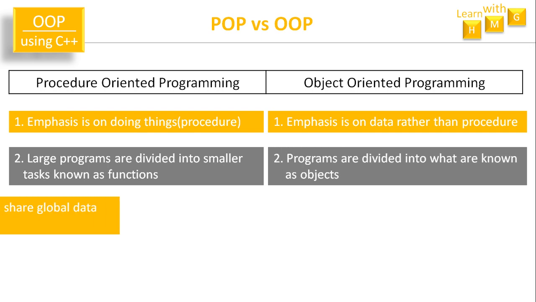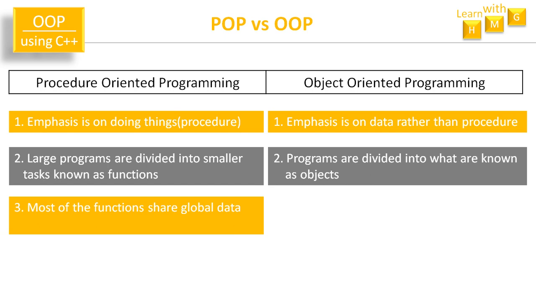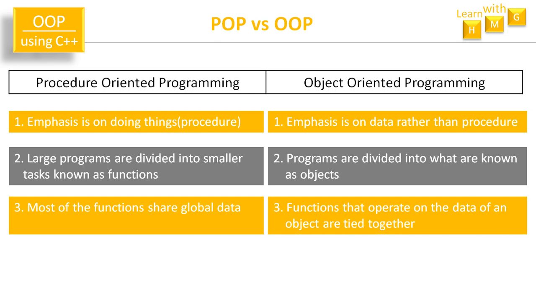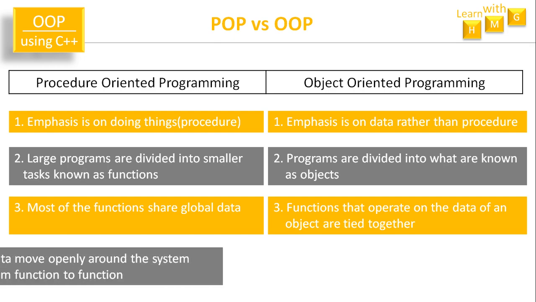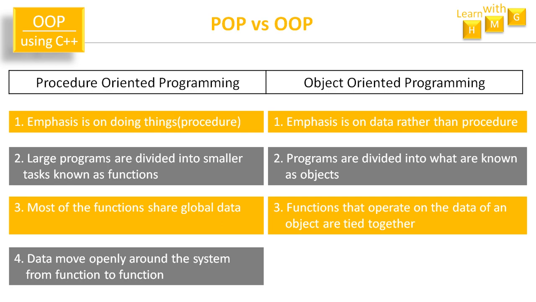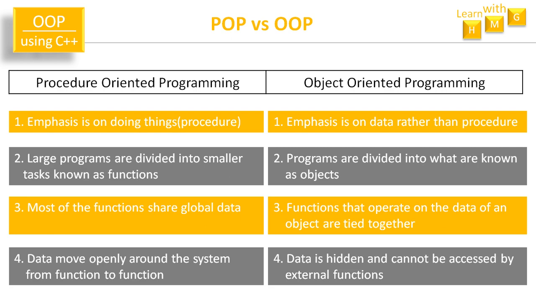The third difference, most of the functions share global data. Now in OOP there is no concept of global data. The function operates only on the data which is part of the object with which it is tied together. The next difference is, data can move openly around the system from one function to another function. This is possible due to global data. In OOP the data is hidden and cannot be accessed by external functions. So data cannot move around the system in OOP.